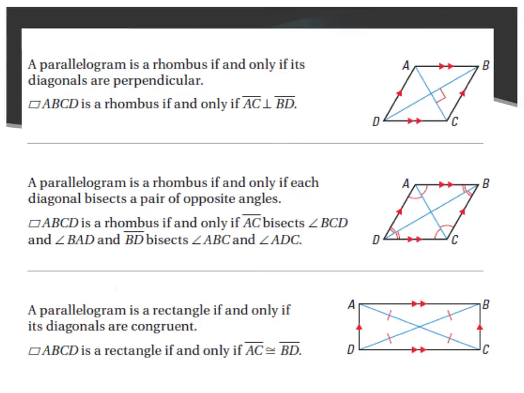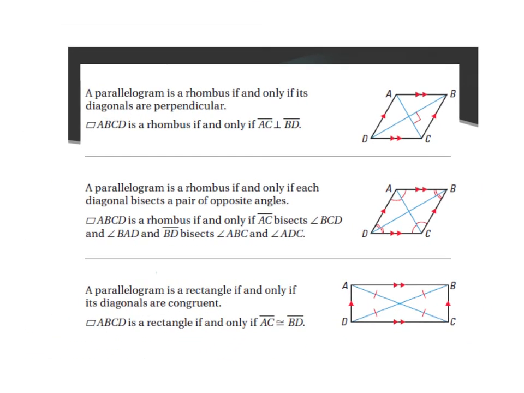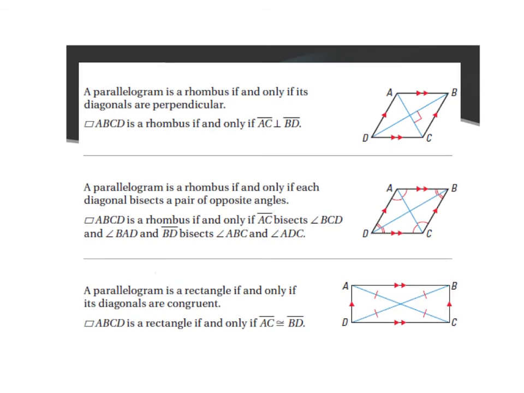Now we're going to see these same properties that I just wrote on the Venn diagram. These are actually now theorems. The first one, your book calls it Theorem 7.11, and the name of it is the rhombus diagonals theorem.